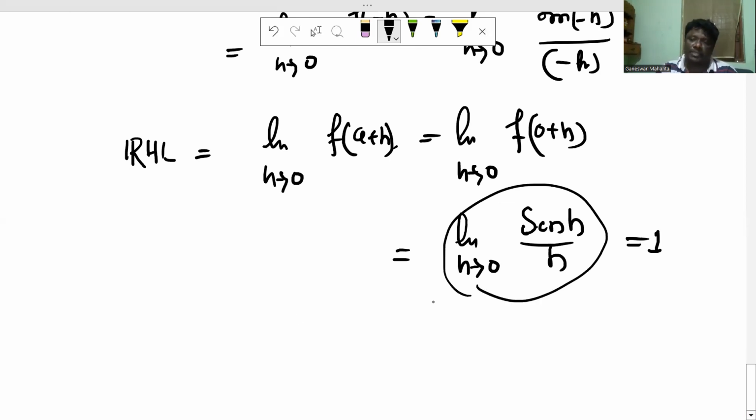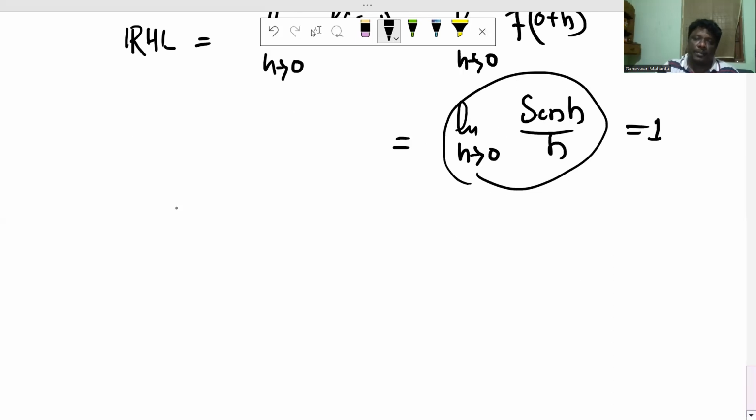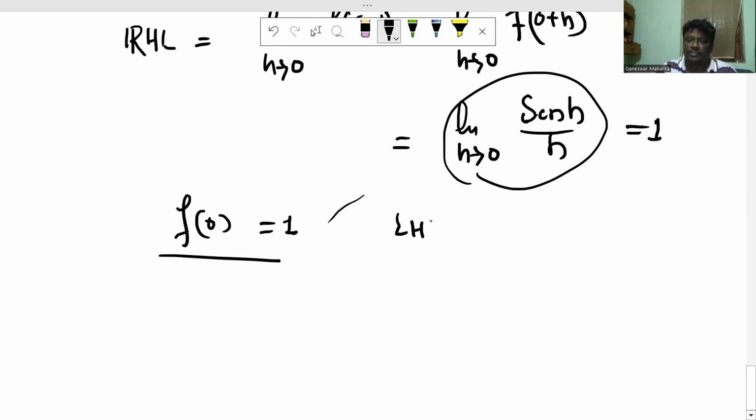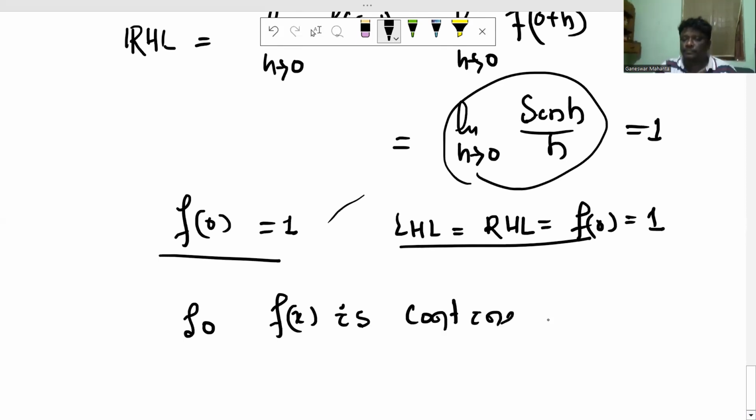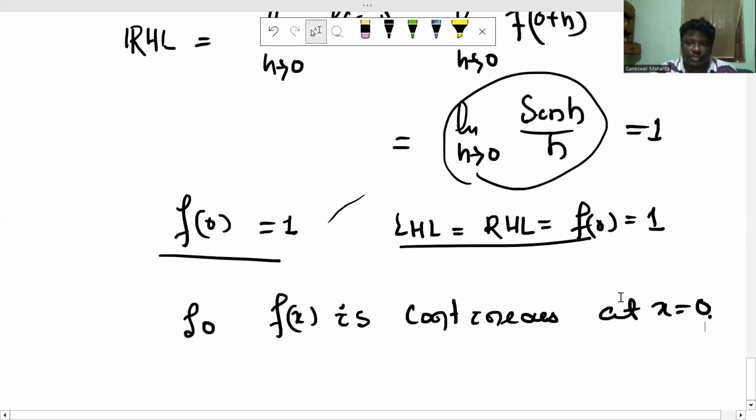And f of 0 is already given as 1. From the three results, the left hand limit is the same as the right hand limit, which is the same as the function value at 0. All values are 1. So we can say f of x is continuous at x is equal to 0. That is one continuity property.